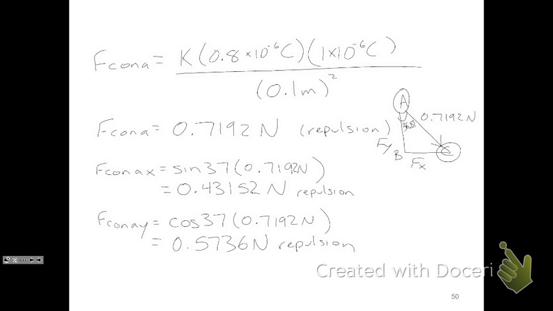So remember the force of B on A, I'll use a different color, was 0.67425 newtons of attraction. Okay, so B is like pulling A towards it, right? But C is also kind of like pushing A away too, right? So there's a little bit of a play in there.